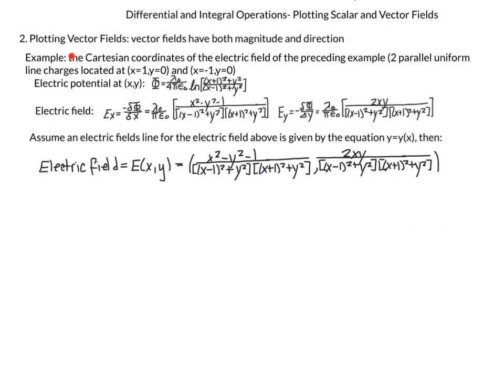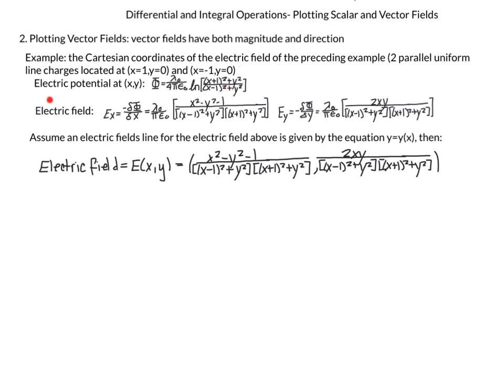For our example, we have the Cartesian coordinates of the electric field of the preceding example where we had two parallel uniform line charges located at (1, 0) and (-1, 0). The electric potential we had talked about as a scalar field was phi equals lambda naught over 4 pi epsilon naught times the natural log of (x plus 1) squared plus y squared over (x minus 1) squared plus y squared.